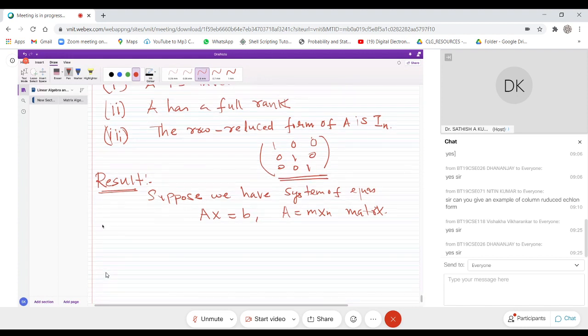Then exactly one of the following statements holds. Based on the rank we are going to write.